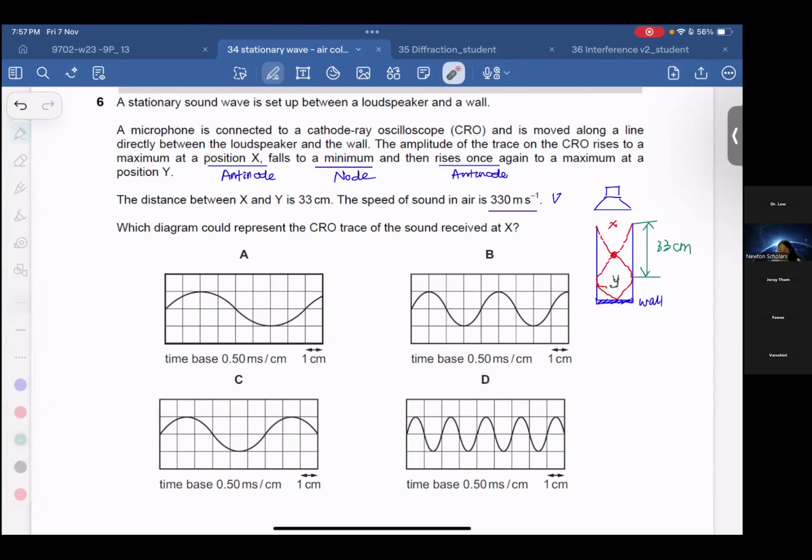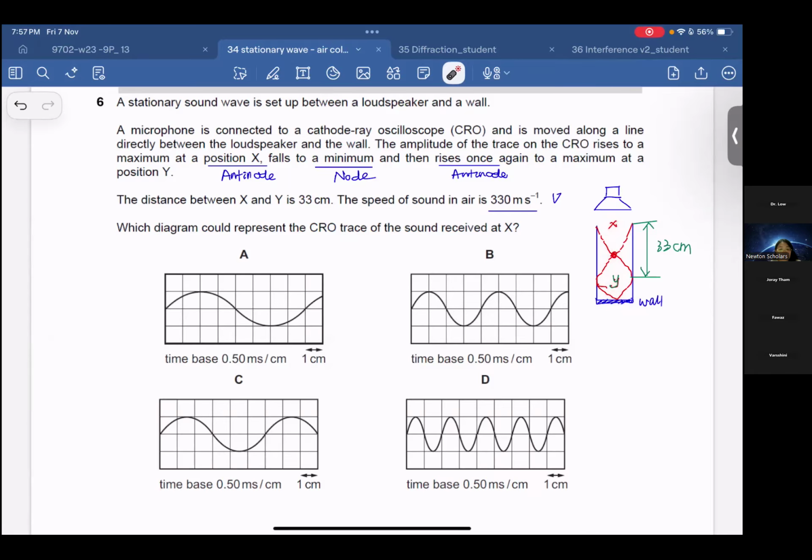I cannot draw an anti-node at the wall here, so I am forced to have one more distance so that I can create a node at the wall. The wall is a closed end, so it must be a node. That means what they mentioned is until here only. They didn't continue mentioning until the wall. So anti-node, node, anti-node, and because of the wall, I know one more node.